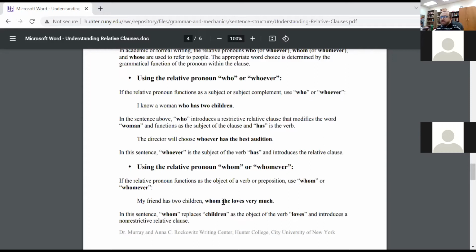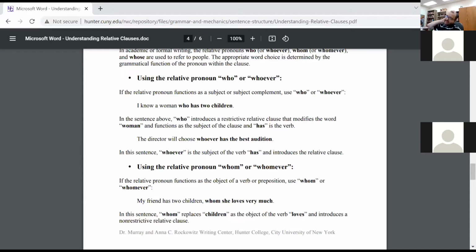Note that the whom has a comma preceding it, just like how which has a comma preceding it above. And whenever you use the word whom, you always have a subject and a verb follow it as well. So, my friend has 2 children whom, then you have another subject and verb: she loves very much.